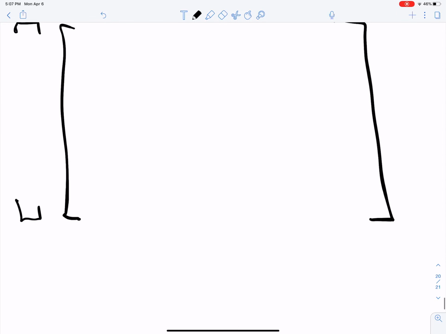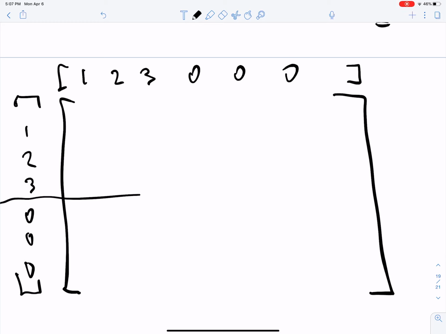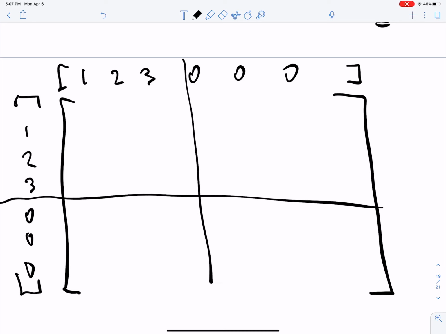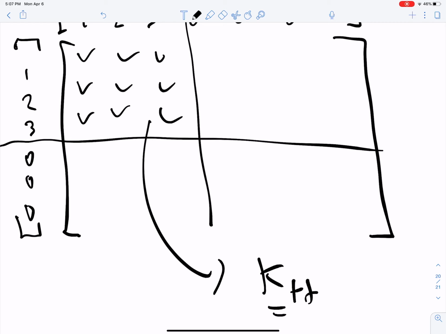So the ID looks like 1, 2, 3, 0, 0, 0, and then 1, 2, 3, 0, 0, 0, like this. So you partition your matrix. You have a 3 by 3 block, and these are the 3 by 3 blocks that go directly into KFF, in an additive fashion.